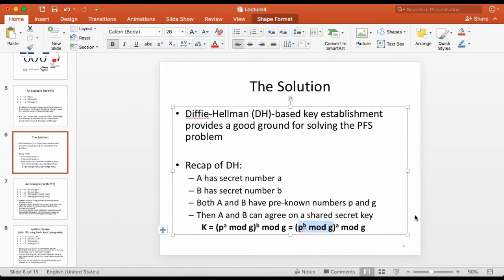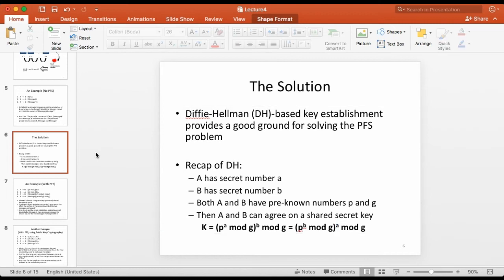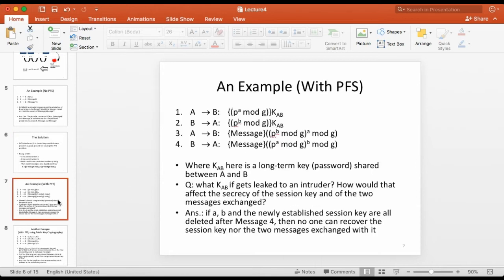The trick is that as an external observer you have no access to Bob's small b and Alice's small a secret numbers. So that was the idea of the Diffie-Hellman protocol as a quick recap. And this turns out to be a very handsome solution for solving the PFS problem in some protocols.